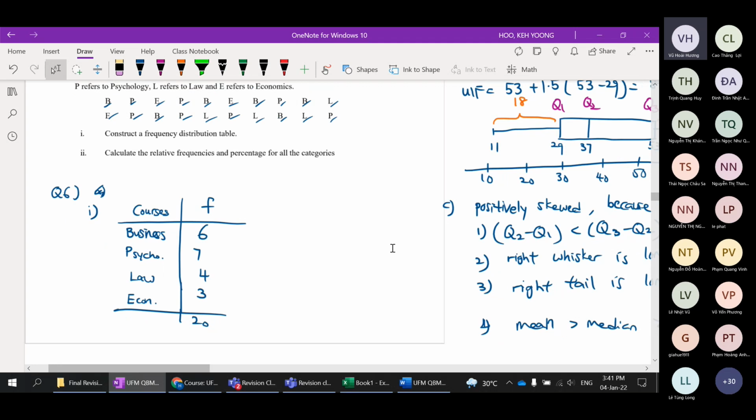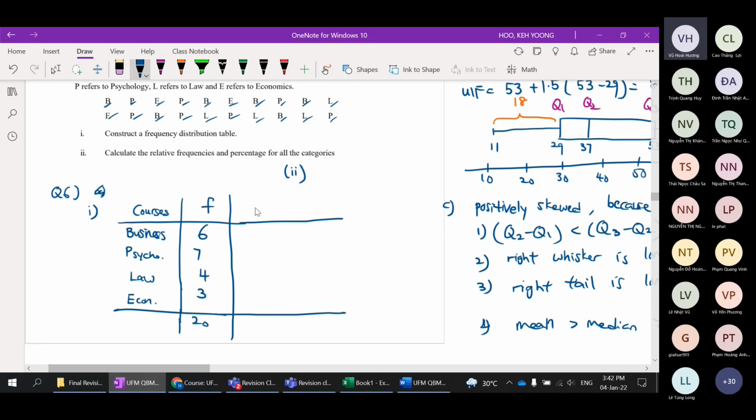Okay, question 2. Calculate the relative frequency and percentage for all the categories. If you have questions like this, you can actually combine the answers with part 1. You just extend the table. Extend the table and then maybe on top, please label that this is the answer for part 2.